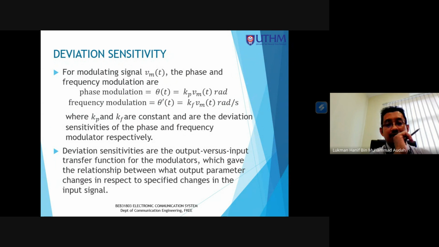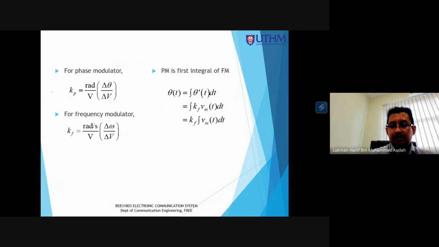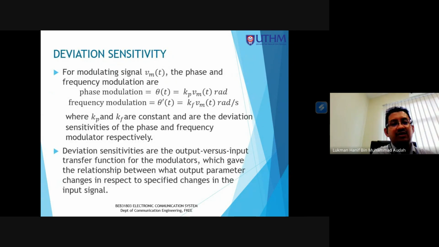First of all, we need to understand the equation of theta t. Previously we know that theta t is a function of vm t, the modulating signal. So theta t is equal to Kp vm t, where Kp is what we call the phase deviation sensitivity parameter.